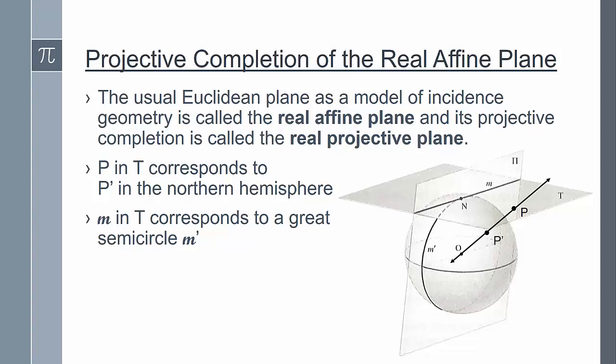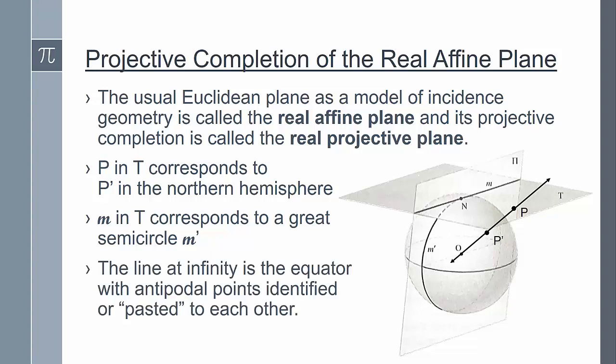Now suppose we had 2 lines, L and M, that are parallel in T, then the planes through O, determined by these parallel lines, will meet in a line lying in the plane of the equator. A line that, since it goes through O, cuts out a pair of antipodal points on the equator. So that's 2 points that are on opposite sides of the equator.